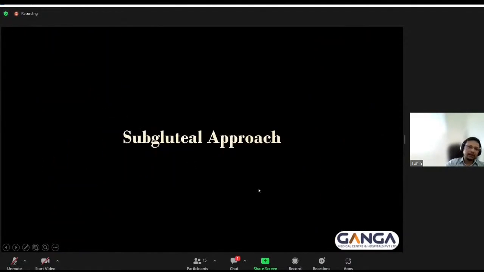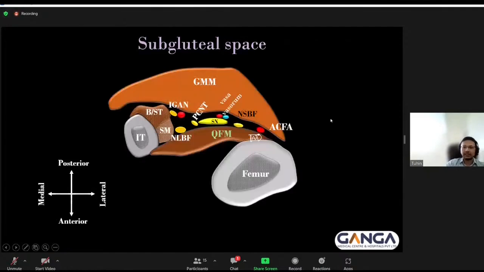So coming to the subgluteal approach, the subgluteal space is an anatomical space between the gluteus maximus and the quadratus femoris muscle. The sciatic nerve here appears on the ultrasound image as a hyperechoic oval shaped structure.